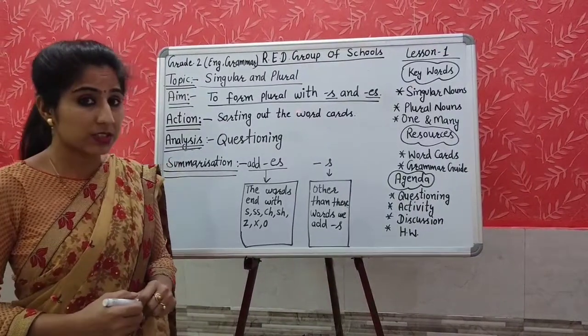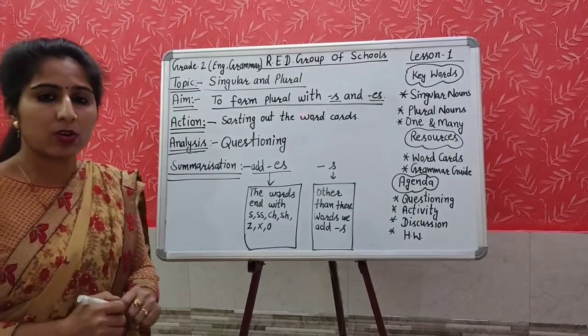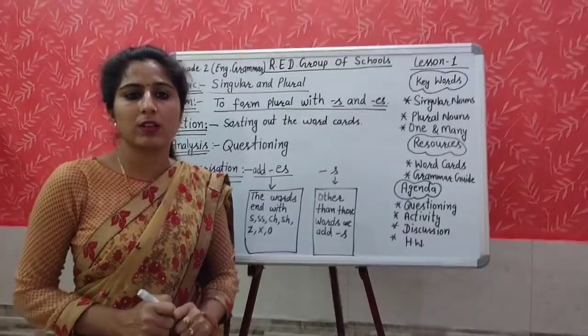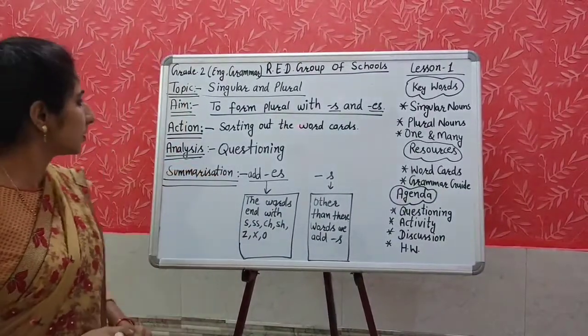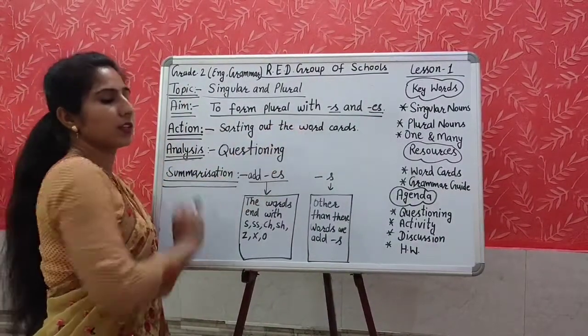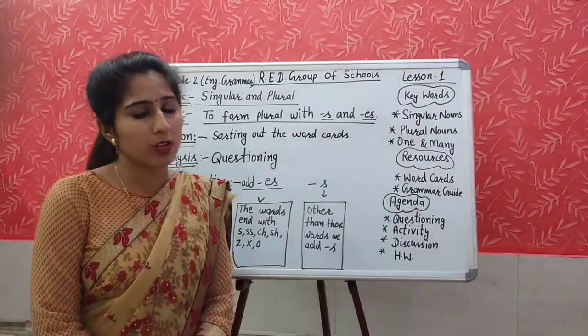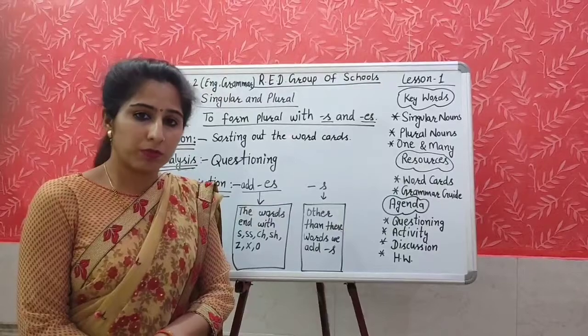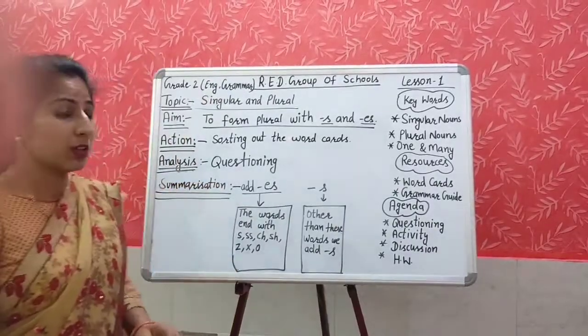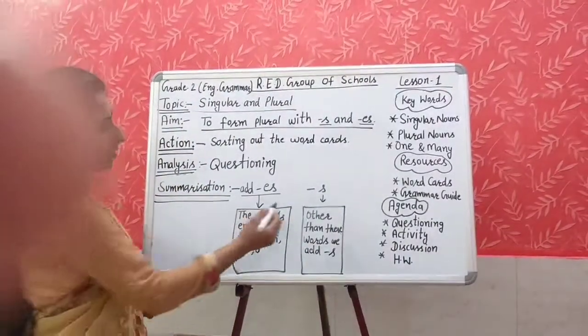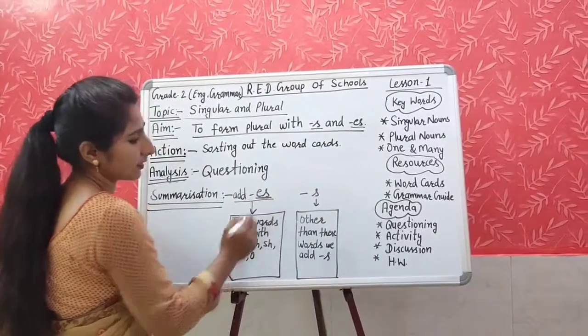Yes, now at last it is time for the summarization. Okay students, what have we learned today? Yes, what was our aim? To form plural with s and es. We learned how to make plural from the singular word, from one word to make many words. So what did we learn? Where to add s or where to add es.